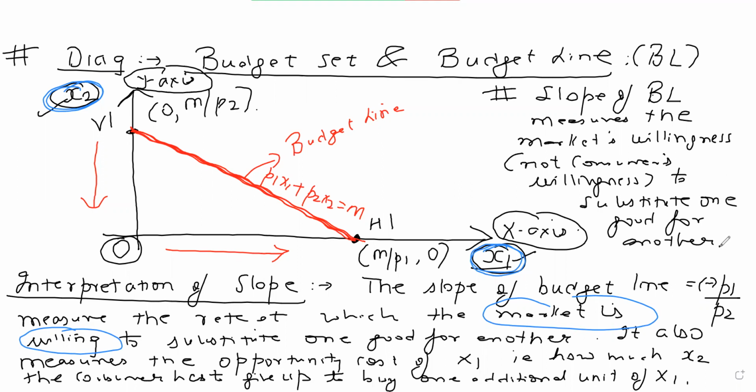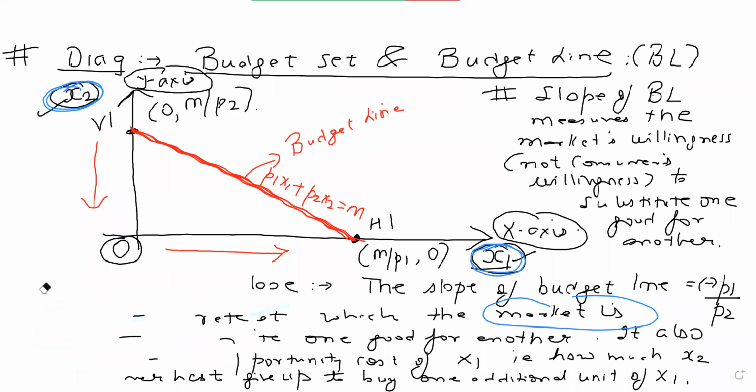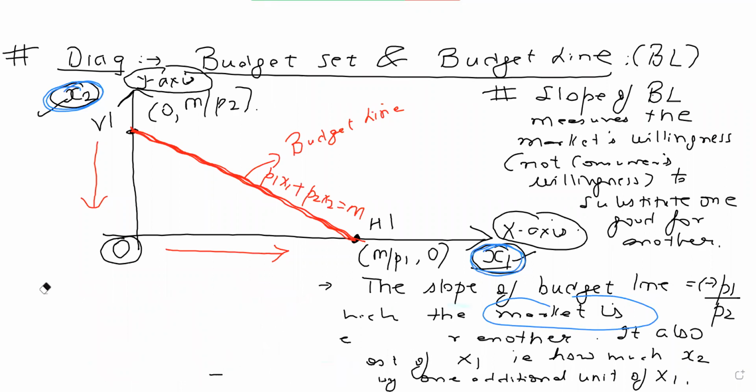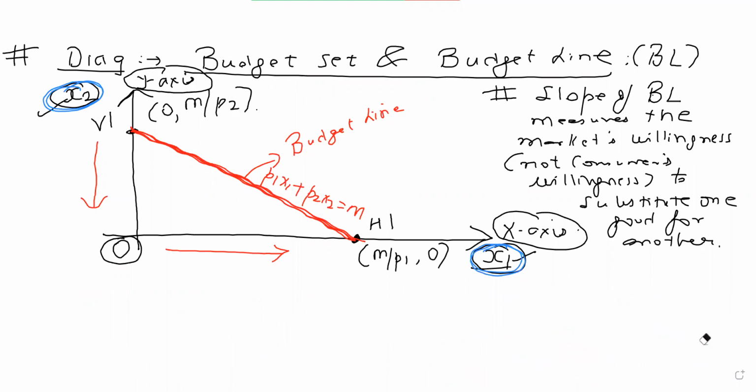Okay, now when we talk about budget set, what was budget set? Budget set comprises all the bundles which cost the consumer either equal to his or her income or even less than his or her income. So what was the equation of the budget set?